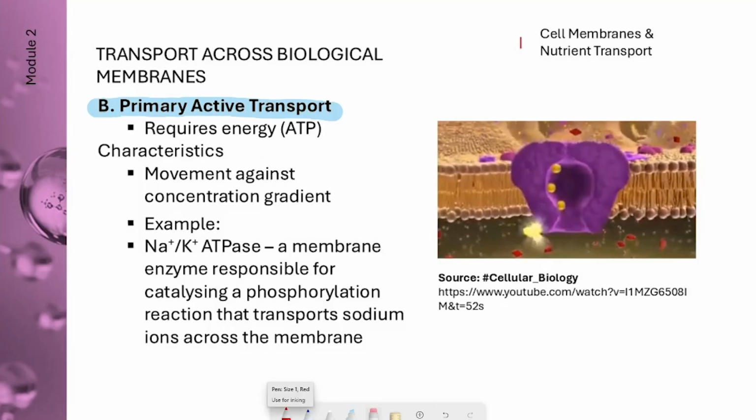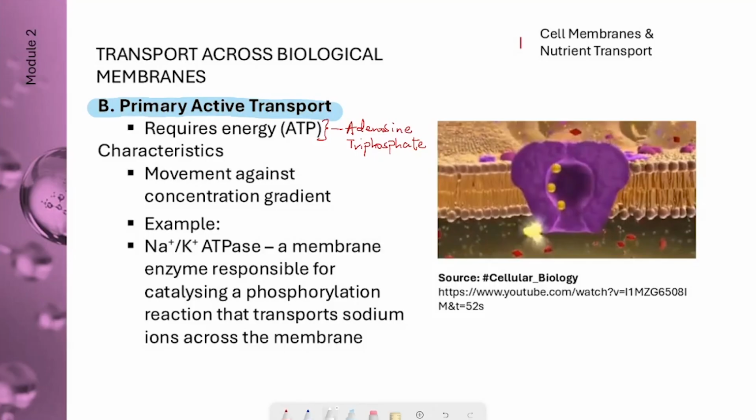One of the key characteristics of primary active transport of molecules across the cell membrane is that it requires ATP. This is a very key one, and we know what ATP is: adenosine triphosphate. So every primary active transport requires ATP.